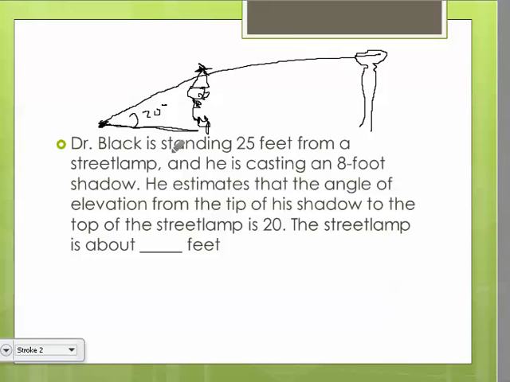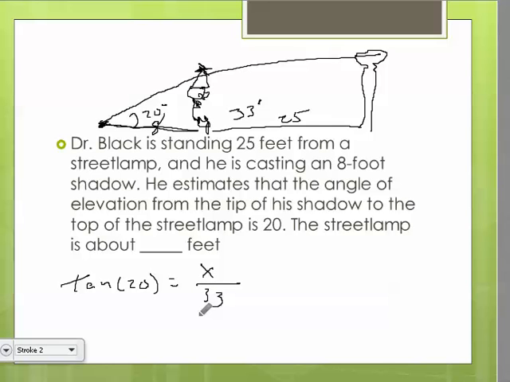Okay? And they want to know how tall this street lamp is. Well, this is 25 feet, and this is 8 feet here. So from the tip of the shadow to the street lamp is 33 feet. So what I could say is that the tangent of 20 degrees is equal to the height of the street lamp, which is what we're trying to find out, divided by 33 feet.